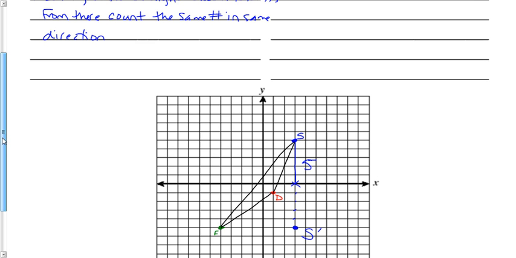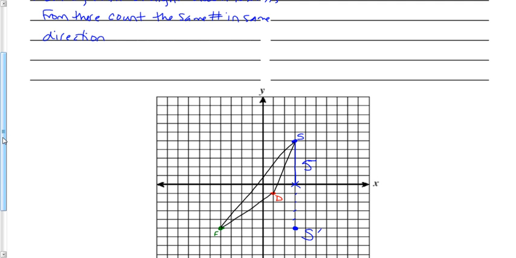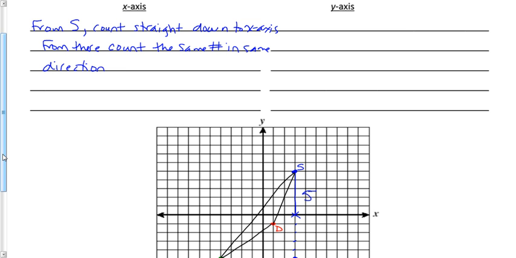The difference with S and D is S was above the x-axis, so I counted down to the x-axis. D is below the x-axis, so I'm going to count up to the x-axis.